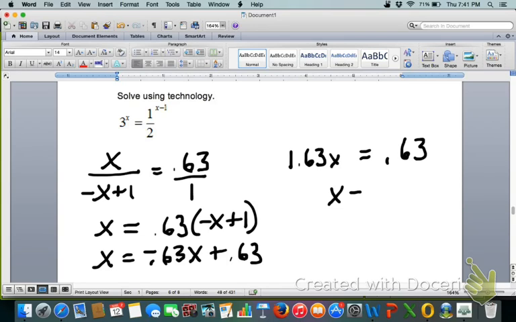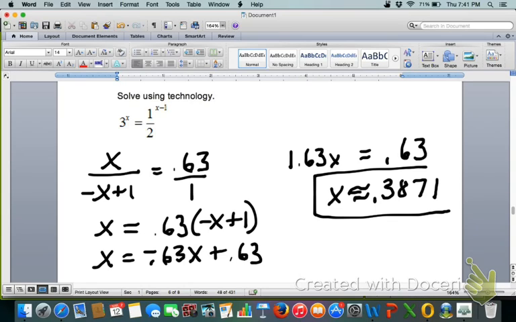Then I divide by 1.63 on both sides, and I get x equals 0.3871 rounded. So it's approximately where the two graphs meet, and you would see that on the graph, and you can see the exact point when you pull up the table on the graphing calculator. So that's basically how you would do that one.